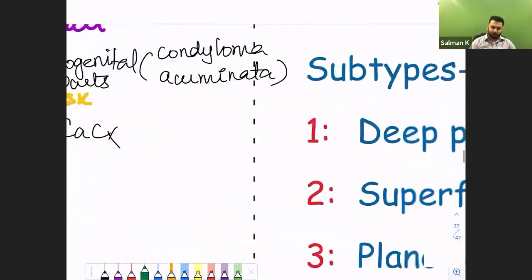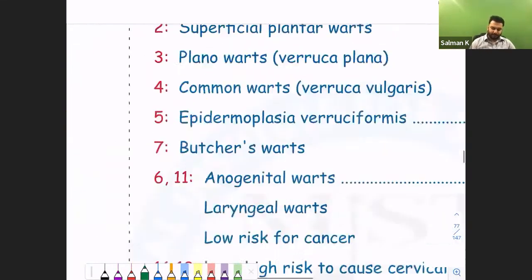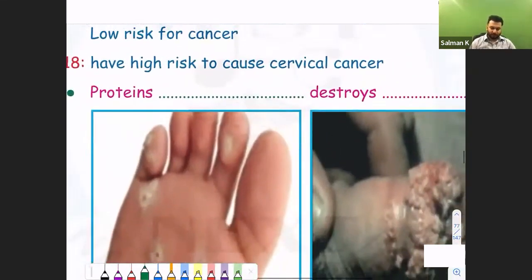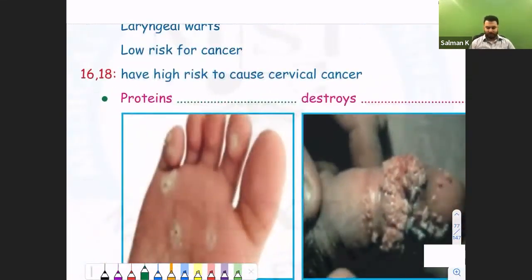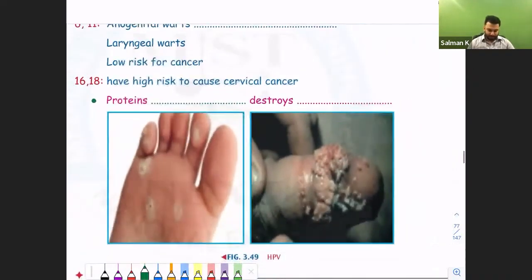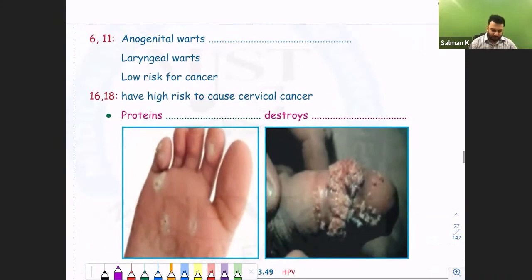And for these strains that are going to cause the cancer, just know they have something in their structure. Basically, 16, 18 onwards, they carry the proteins we call E6 and E7 proteins.